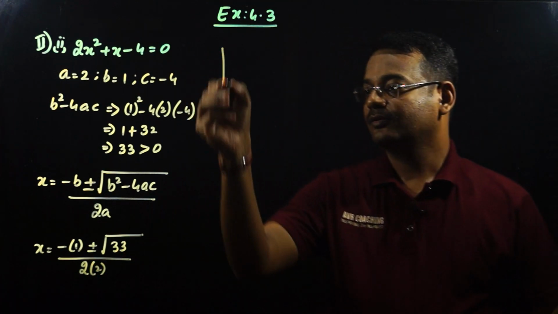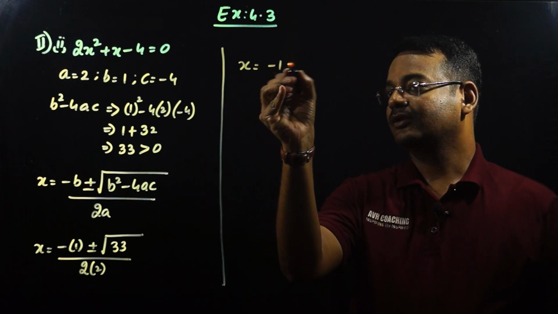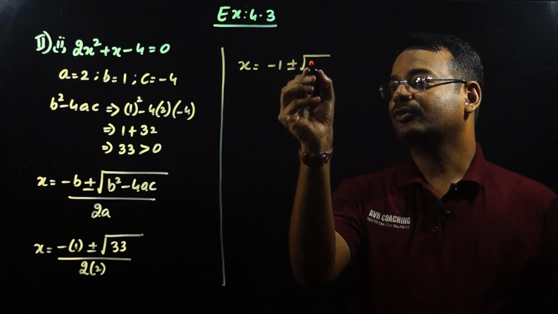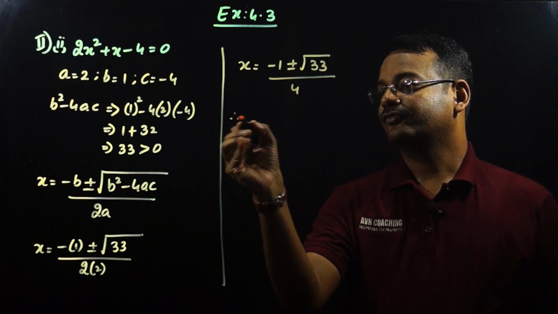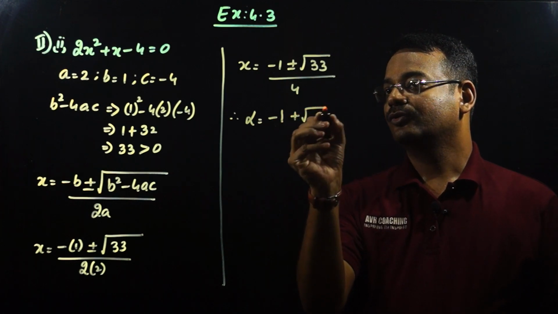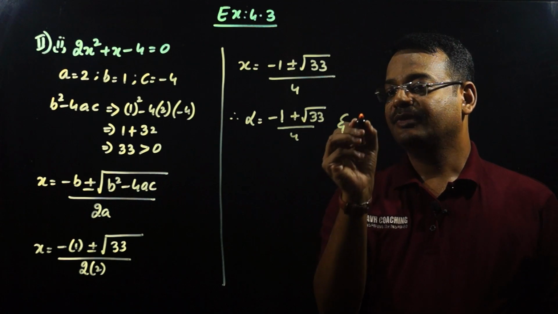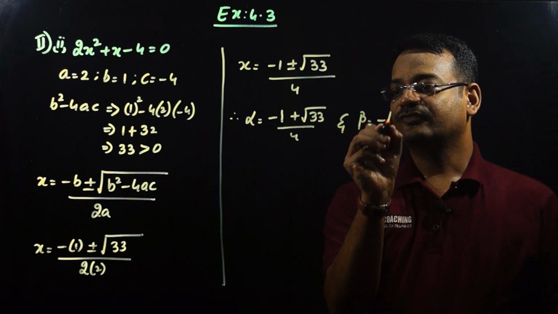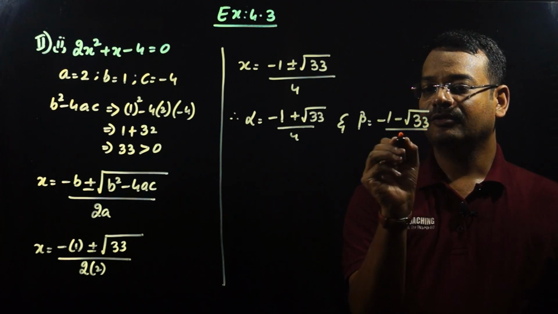Now when we solve this, x equals minus 1 plus or minus root of 33 divided by 4. Therefore, alpha equals minus 1 plus root 33 by 4 and beta equals minus 1 minus root 33 by 4.